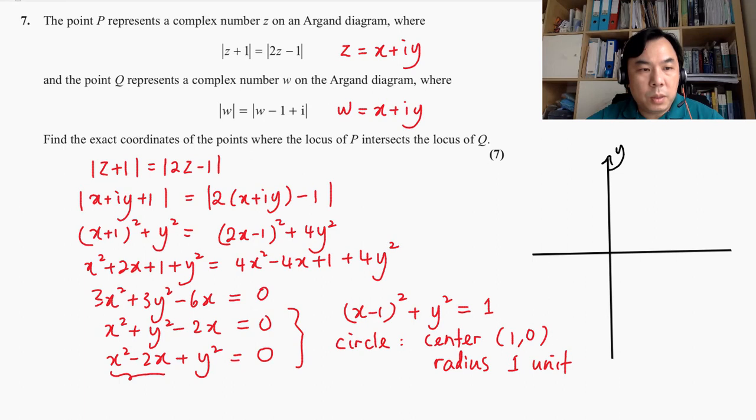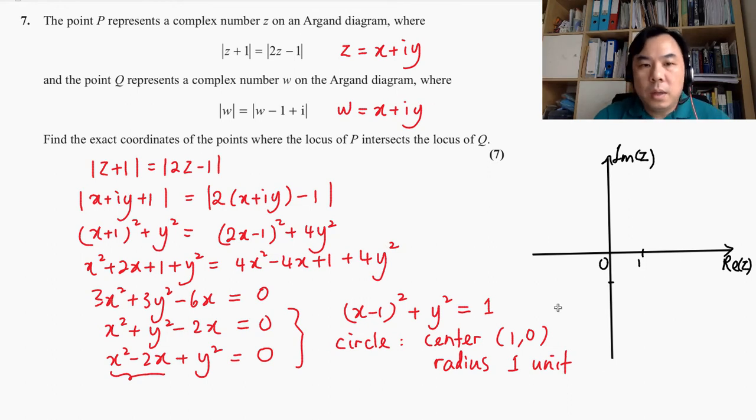It's supposed to be imaginary component. Okay, so let me write down that as an imaginary component. This one will be the real part. Okay, and then this is a circle centered at 1, 0 somewhere here. This is a 1. Okay, with a radius of 1 unit. So this is a 1 there.